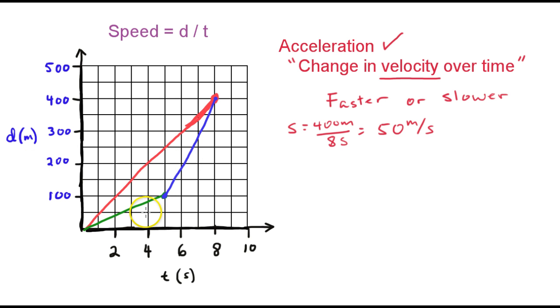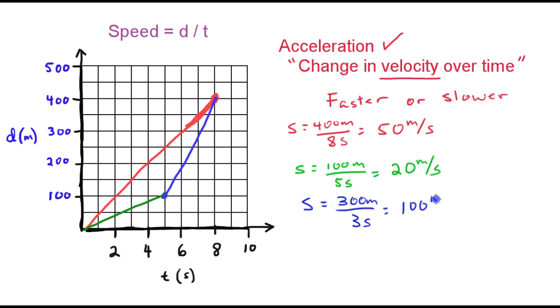This line here was 100 meters over a span of 5 seconds, which turned out to be 20 meters per second. And finally the blue was 300 meters in 3 seconds, and we ended up with 100 meters per second. All of this is from that first video.